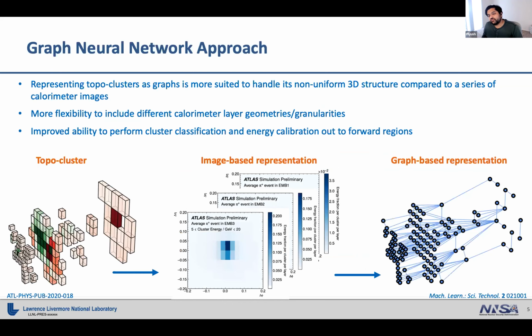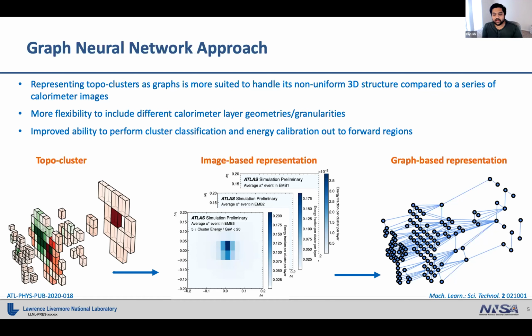So after this, we've moved on to using graph representation of the data, and there are definitely a lot of advantages in representing the topo clusters as graphs, because you can handle non-uniform 3D structure of the data, where the types of cells of the calorimeter are different, and they have different sizes.